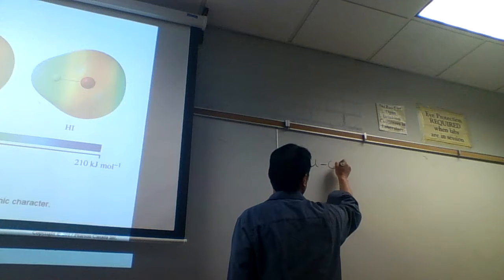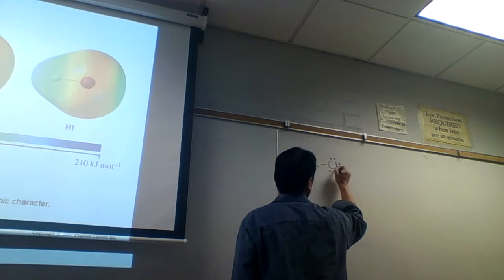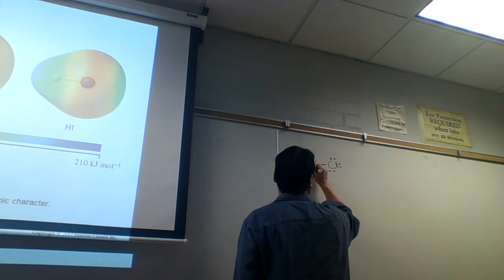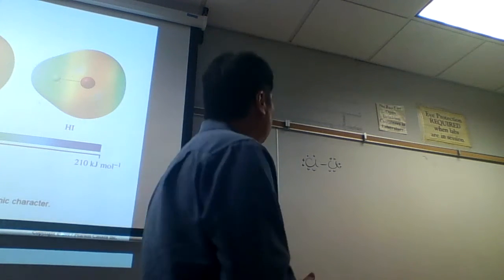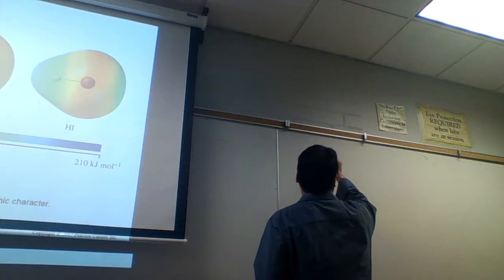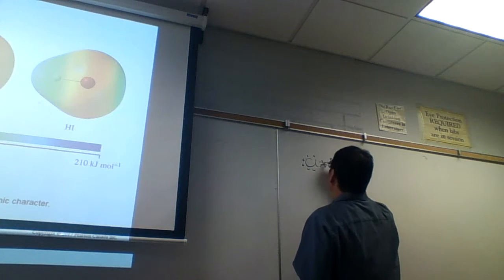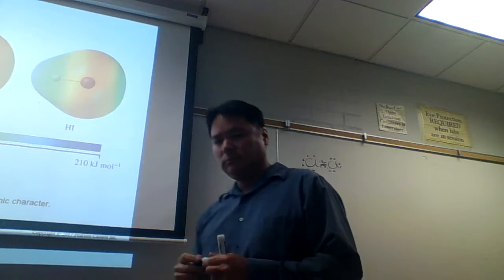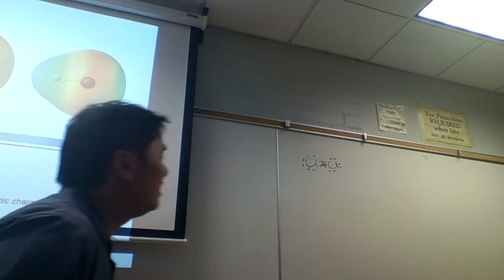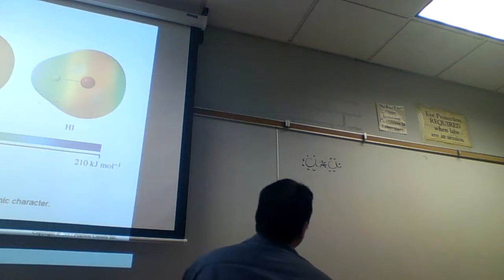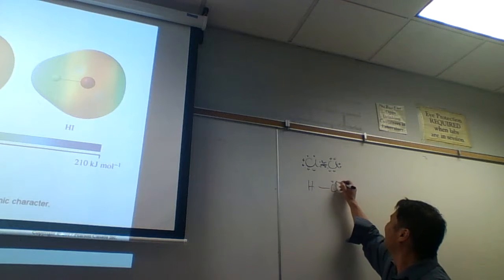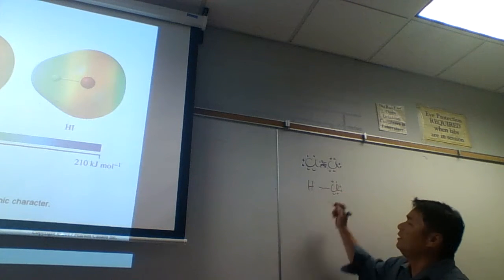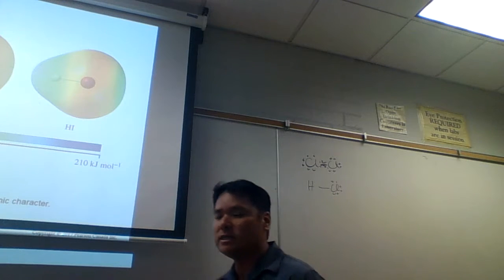So if we look at Cl2, and we're looking at the cloud here, it's looking pretty symmetric. And then let's go down to HCl. What's delta EN for HCl?